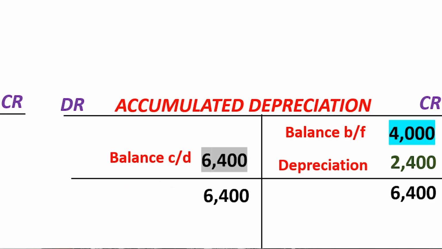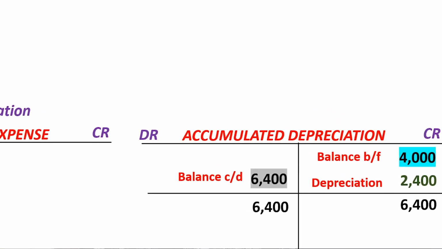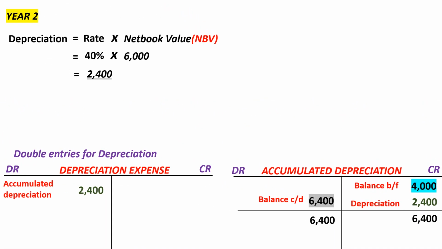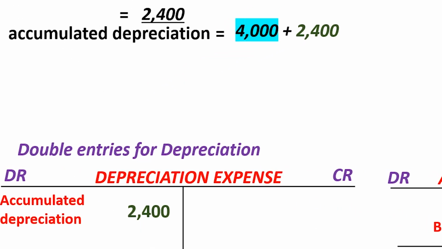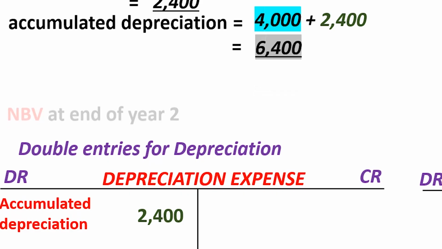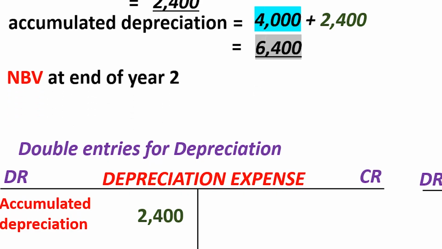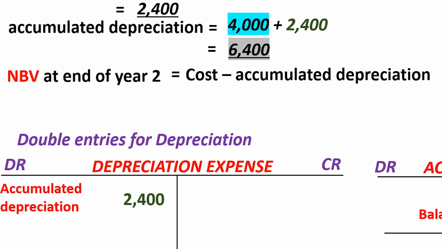So when we are presenting this in the balance sheet, which we'll call the statement of financial position, at the end of that year, the net book value is going to be the cost of the asset, which is 10,000, less the accumulated depreciation, which is 6,400.